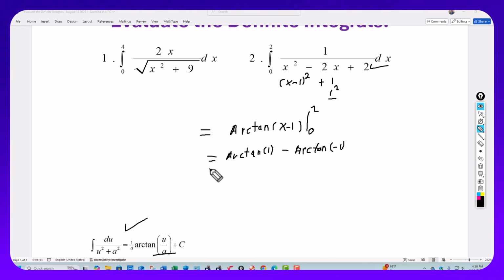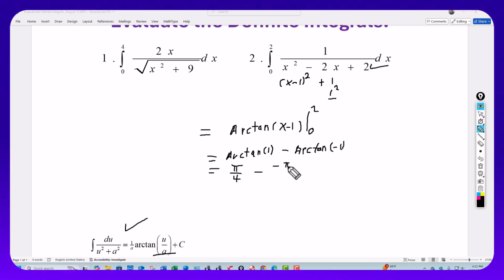And on these, unless it's stated otherwise, you want the answer in radians if it's going to come out to an angle. So arctangent of 1 is pi over 4. If you're working with degrees, that would be 45 degrees, but usually we use radians here. And then it's minus arctangent of negative 1.